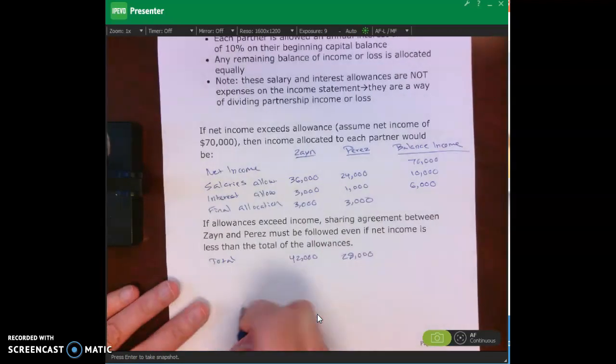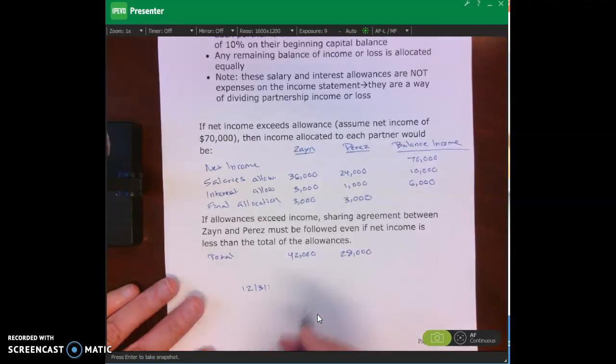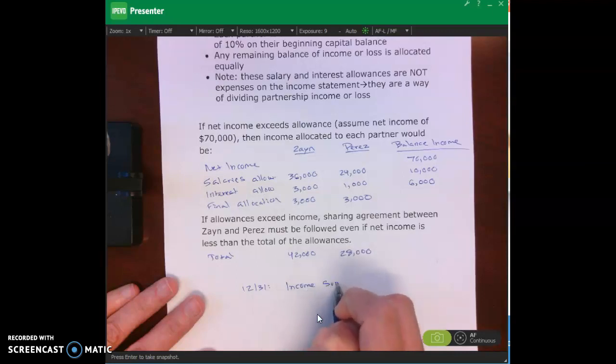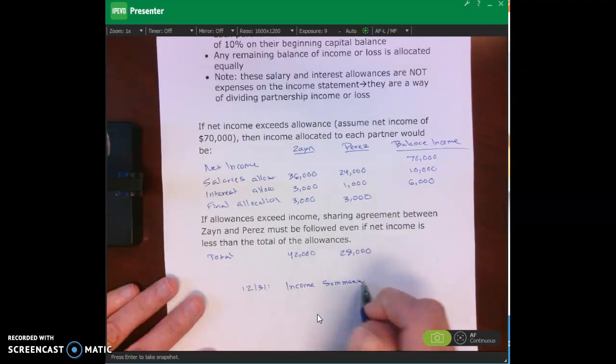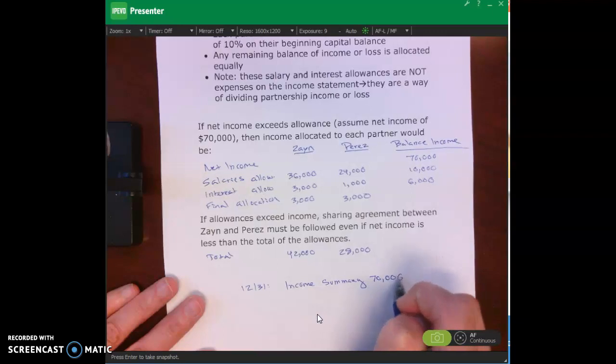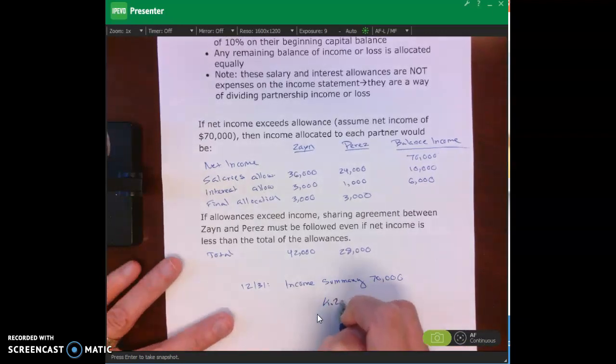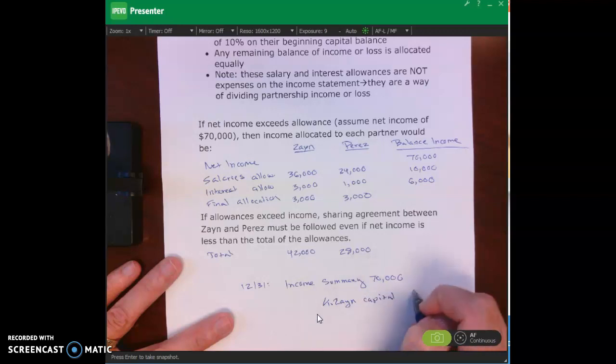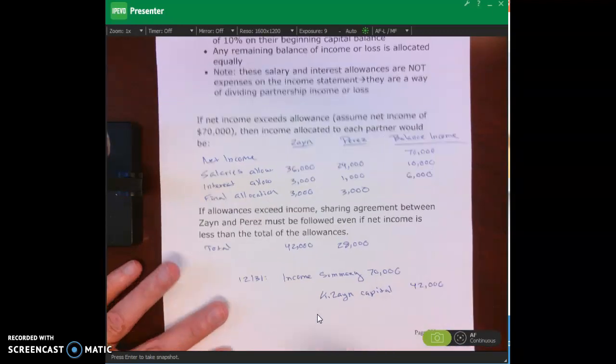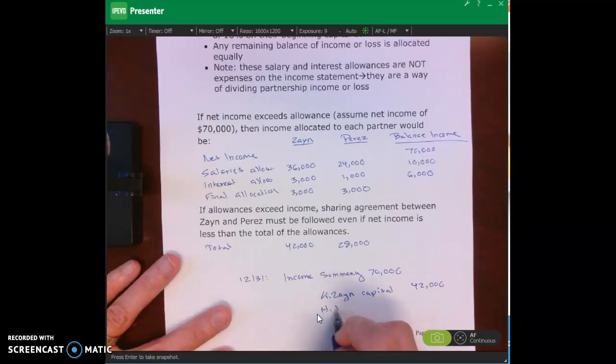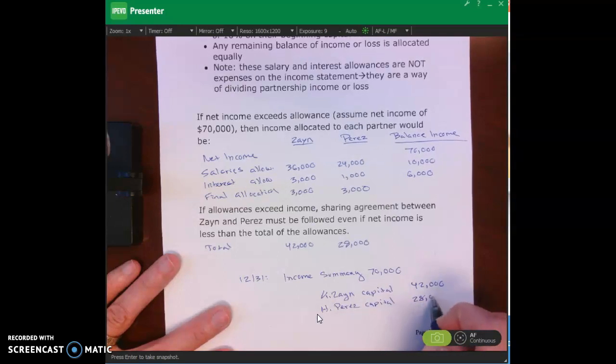And then our journal entry would be on 12/31, because it's a closing journal entry. So we would debit income summary for the 70,000. Then we would credit Kayla Zahn capital for 42,000, and credit Hector Perez capital for the 28,000.